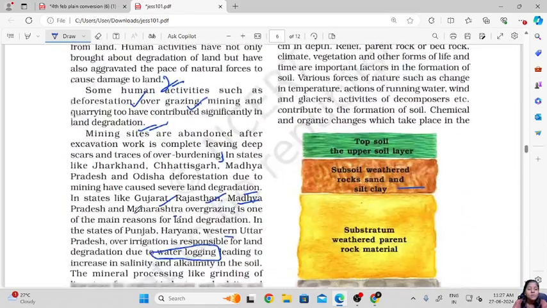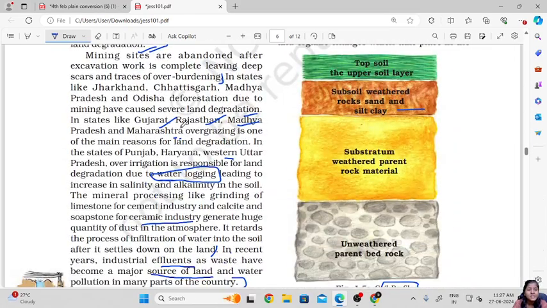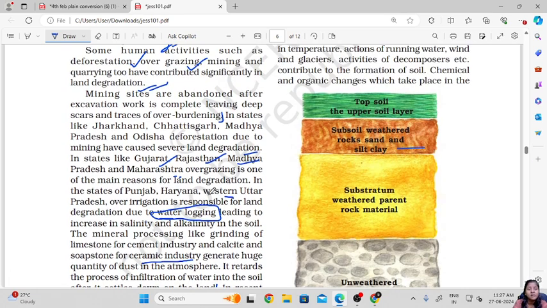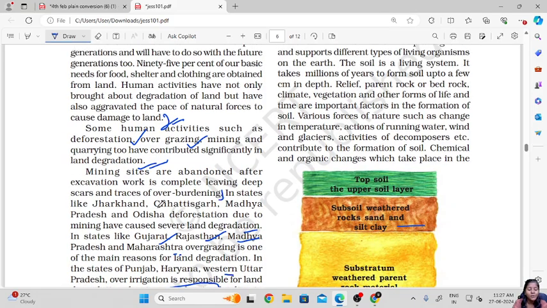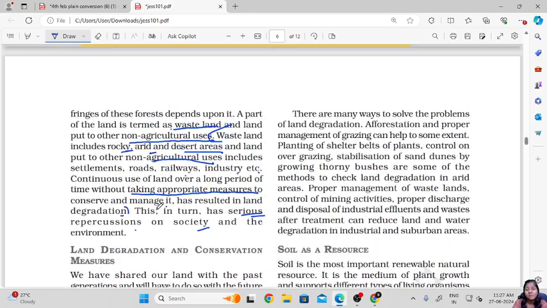We saw that in states like Gujarat, Rajasthan, Madhya Pradesh and Maharashtra, overgrazing is one of the main reasons, and in Jharkhand, Chhattisgarh, Madhya Pradesh and Odisha, deforestation is the main cause of land degradation. So how can we tackle all these things? By doing afforestation and proper management of grazing. Okay, this can help up to some extent.